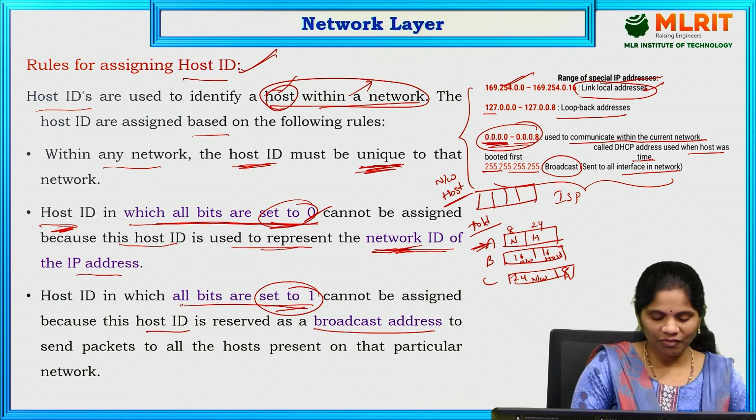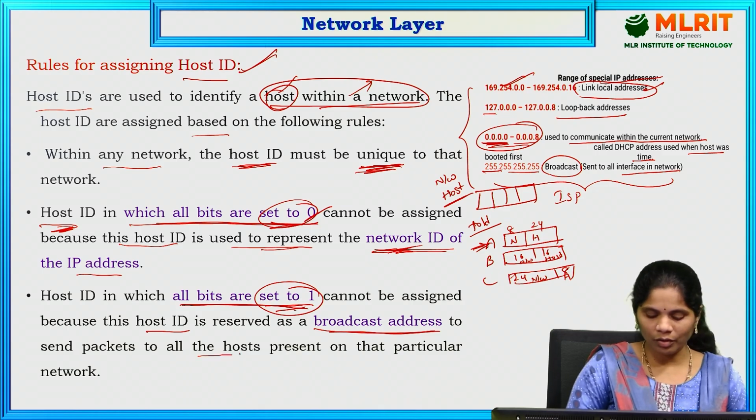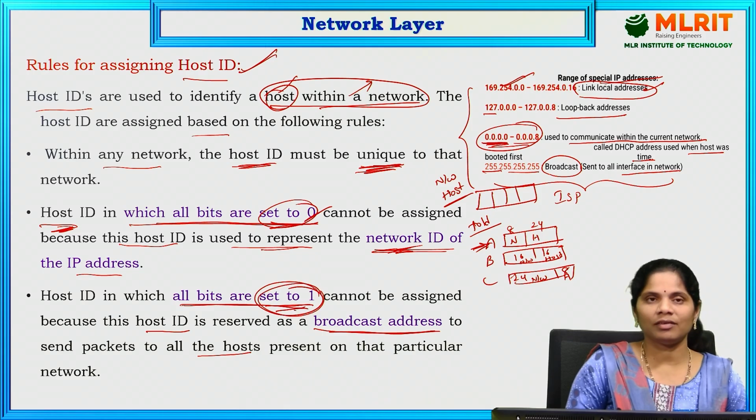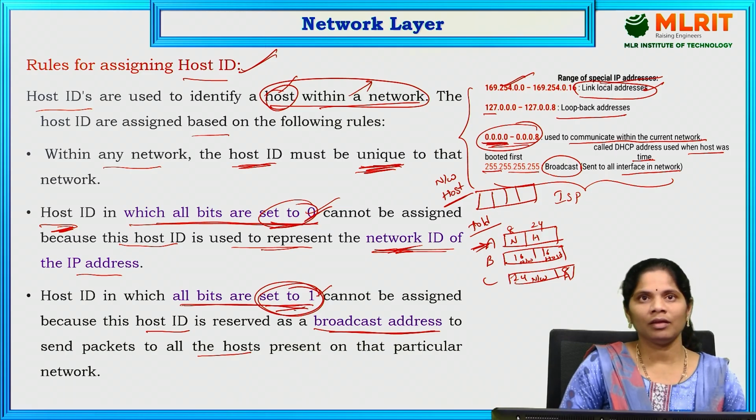At the same time, if all the bits are 1, that is used as the broadcast address, to send packets to all the hosts present in the particular network. That's why we can't use all zeros or all ones in the host ID part. That is about the rules of the host ID.